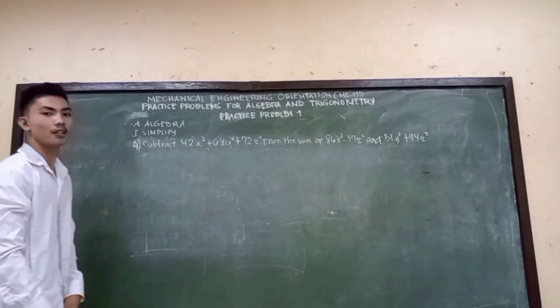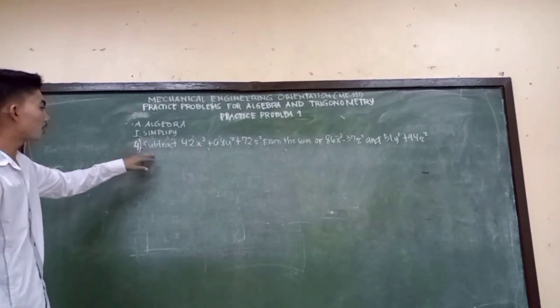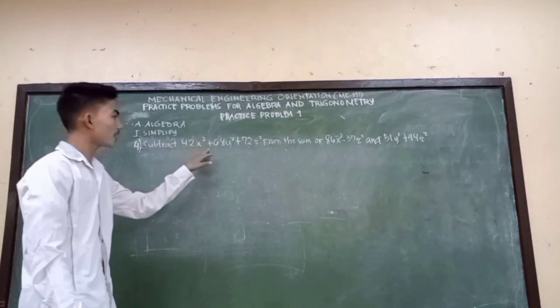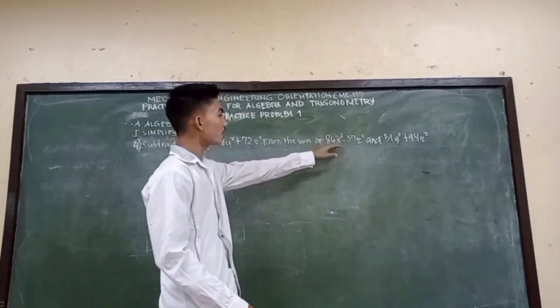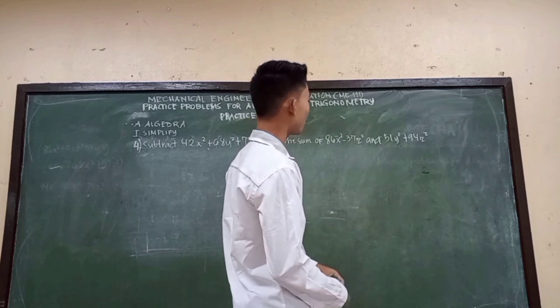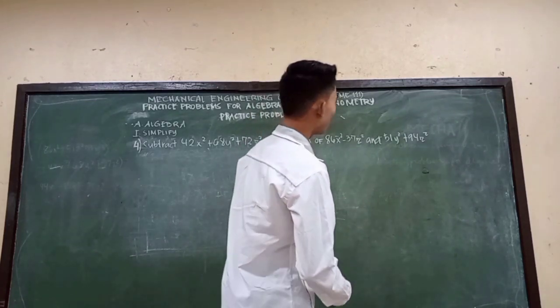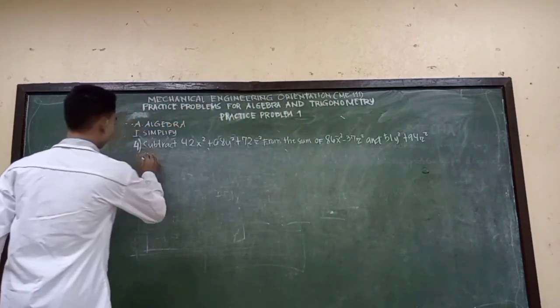We have here our problem number 4. Subtract 42x squared plus 68y squared plus 72z squared from the sum of 86x squared minus 37z squared and 51y squared plus 94z squared.